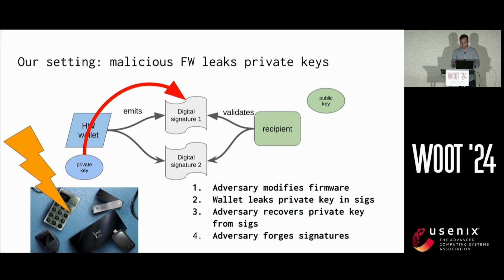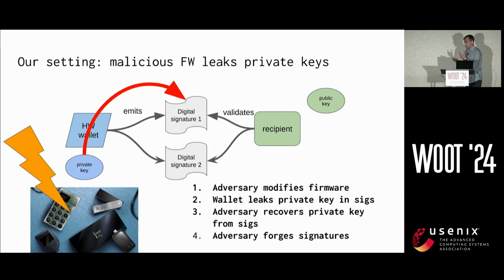So in our setting, we assume that the adversary controls the firmware of the hardware wallet, of the HSM, of the hardware security module where the signing implementation is happening. That's by assumption, and that's quite a strong assumption, right? We will see later that we need to protect that if we want to not be vulnerable against this class of attacks. So by assumption, the attacker has some kind of access to the code that the designer runs. And the end goal of the backdoor designer is to leak the private key into the digital signatures themselves.